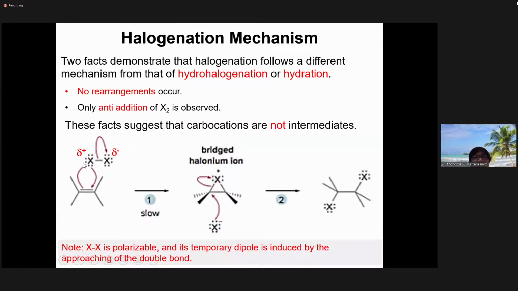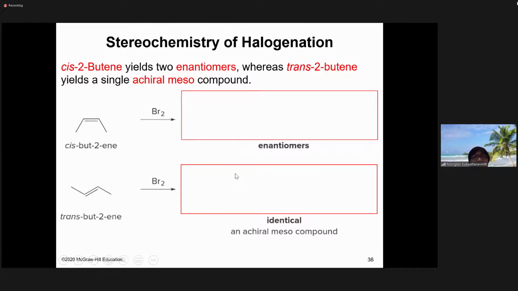So the first step is the addition of the positive X. The second step is the addition of the negative X, okay, to form the anti-product. Here, if you start with cis-butene, what product will you get?